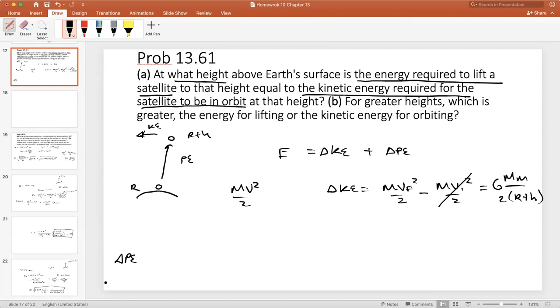If we were moving closer to the center of the Earth, would gravity be doing positive or negative work? So remember, the work done is F dot D, and gravity is down, let's say. So the force of gravity is down. And if we go along with the force of gravity, then we let gravity do the work of potential energy, okay?